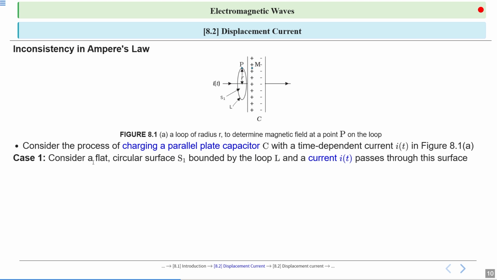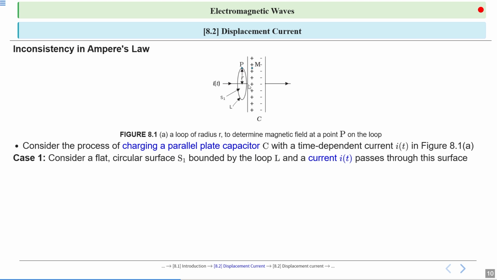What is case 1? In case 1, we are considering a flat circular surface S1. L is the loop, and the surface enclosed by that loop is the flat surface S1, bounded by the loop L.